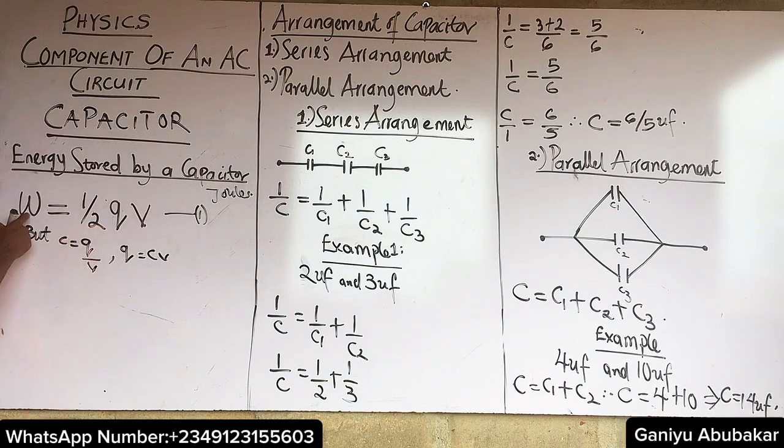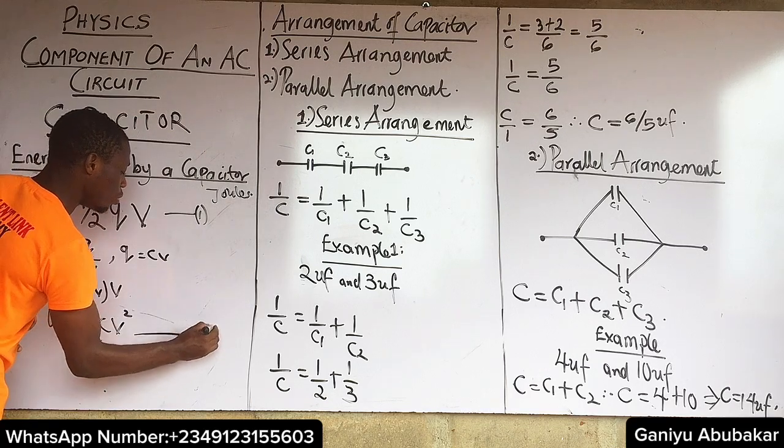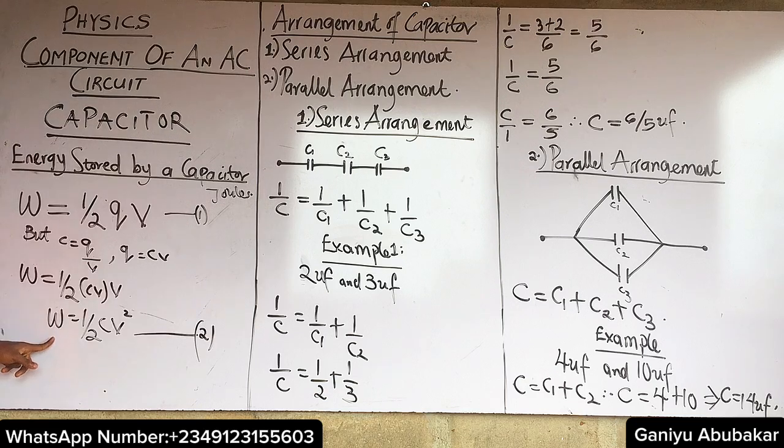So from here, we say that W now is equal to half, and Q is CV now, half CV, then this V. Multiply this through, I will have that W is equal to half C, V times V is V squared. So this becomes another mathematical expression for calculating work done by a capacitor. So half QV or half CV squared.